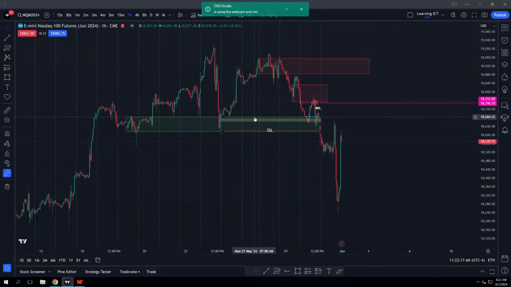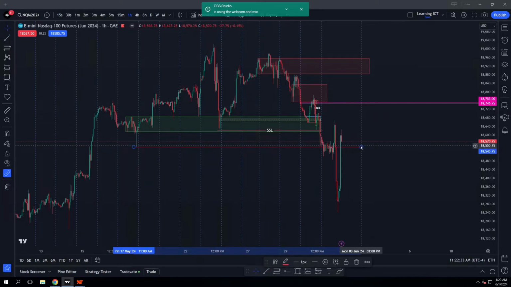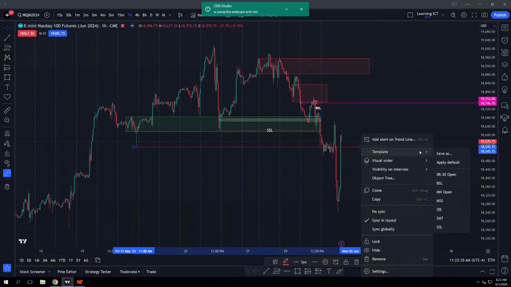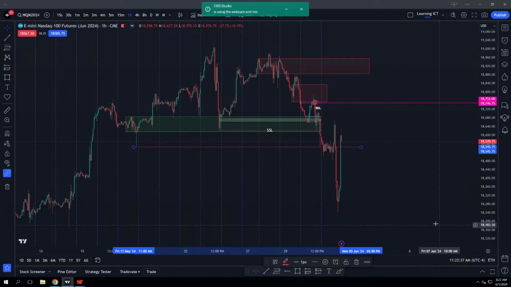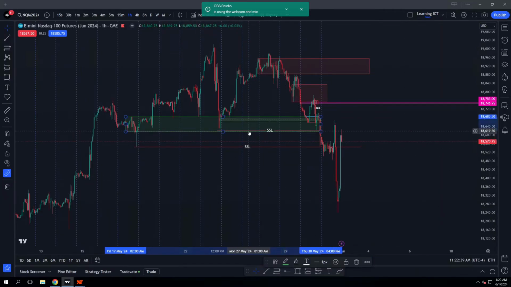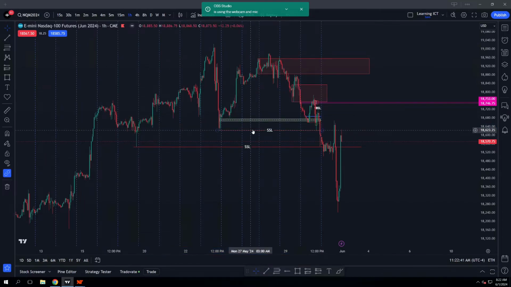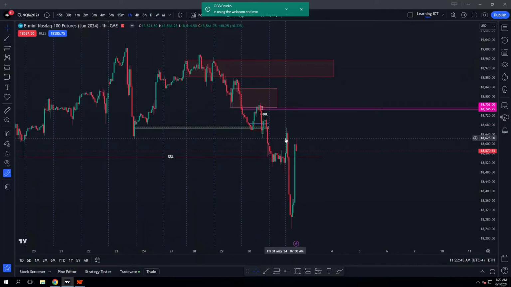I consider this broken if this low was broken. To me, that's considered completely broken. So at this point in the afternoon, it didn't break it, right? It just created a relatively equal low. So that's gonna be the new sell side liquidity. Let's delete this now. Delete that. It got broken.